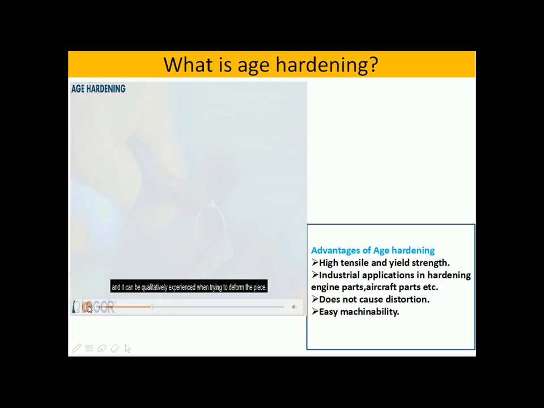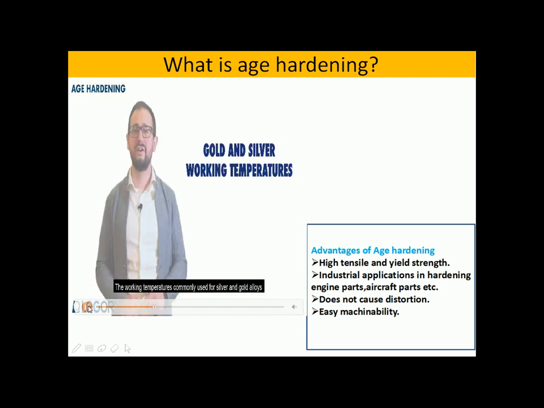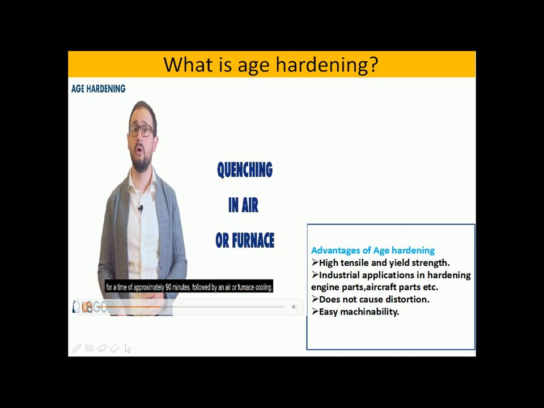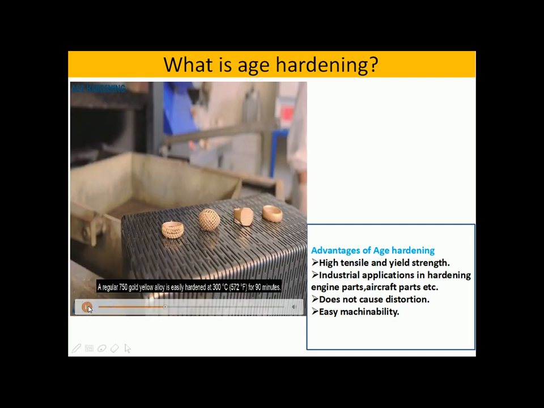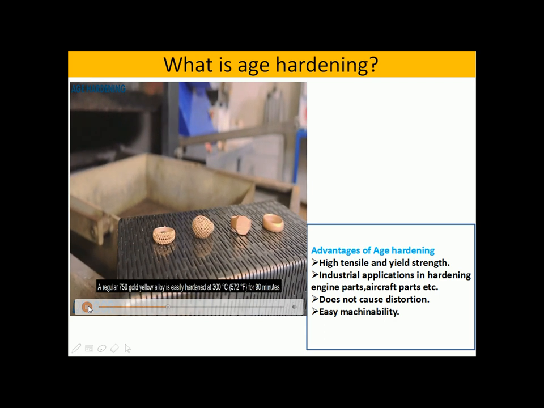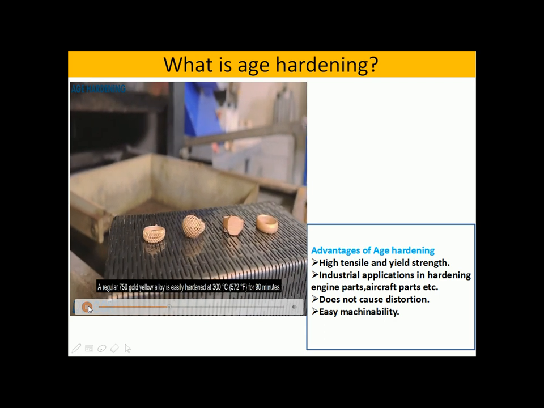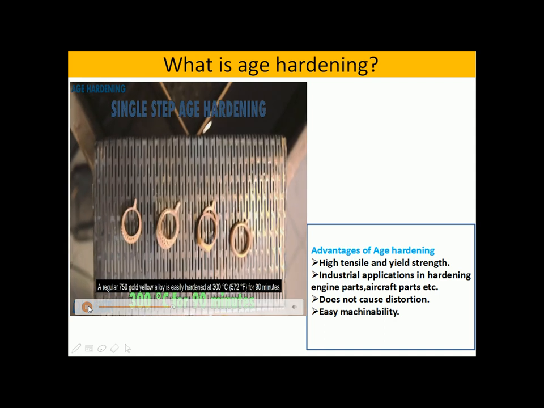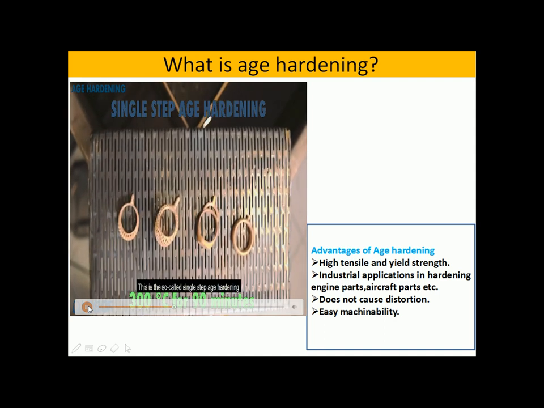The working temperatures commonly used for silver and gold alloys are between 300 and 450 degrees Celsius for approximately 90 minutes, followed by air or furnace cooling. A regular 750 yellow gold alloy is easily hardened at 300 degrees Celsius for 90 minutes. This is the so-called single-step age hardening, which works just fine on hardenable gold alloys.